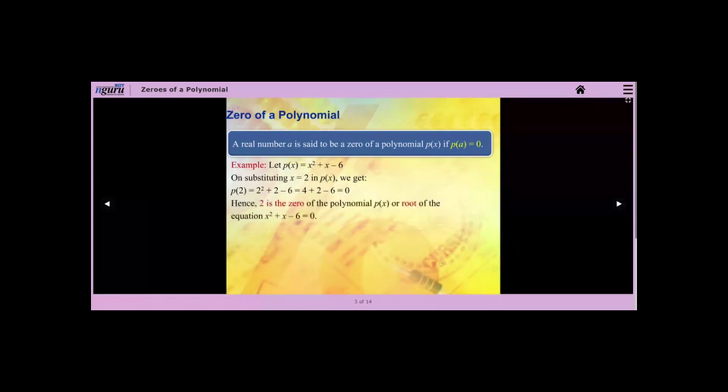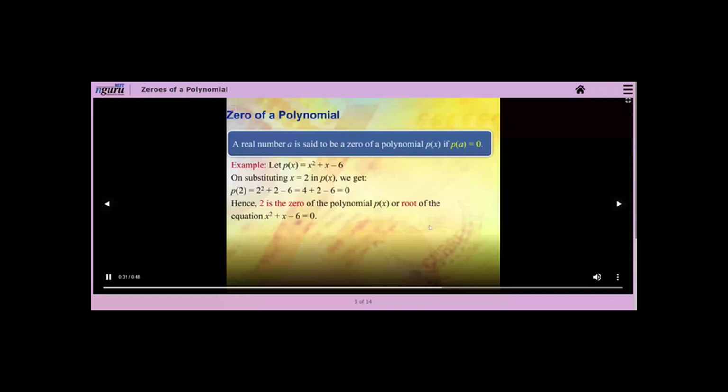Let the polynomial p of x be x squared plus x minus 6. What is P of A here? P of A is equal to A squared plus A minus 6, ma'am. Correct. On substituting x is equal to 2 in p of x, we get p of 2 is equal to 0. Hence, 2 is the zero of the polynomial p of x.